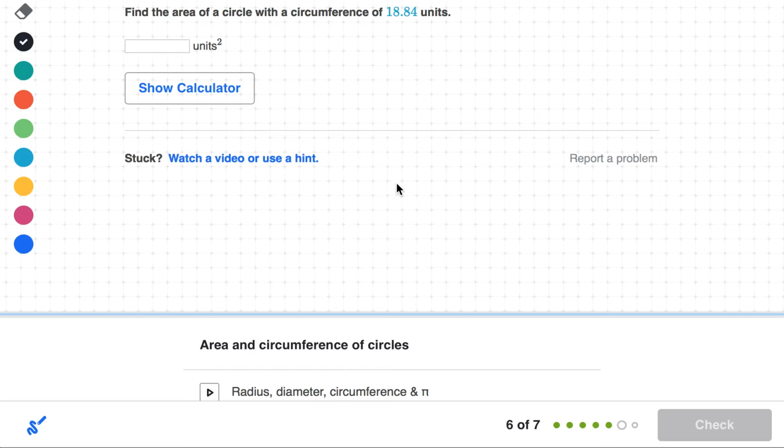All right, excellent. Another work backwards problem. So let's start with circumference, which is 18.84. Now, circumference equals pi times diameter, or 3.14 times diameter.